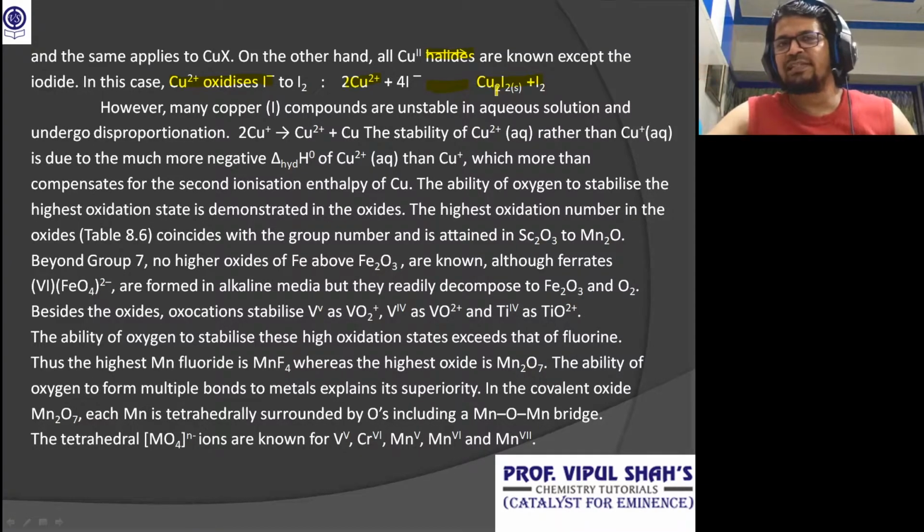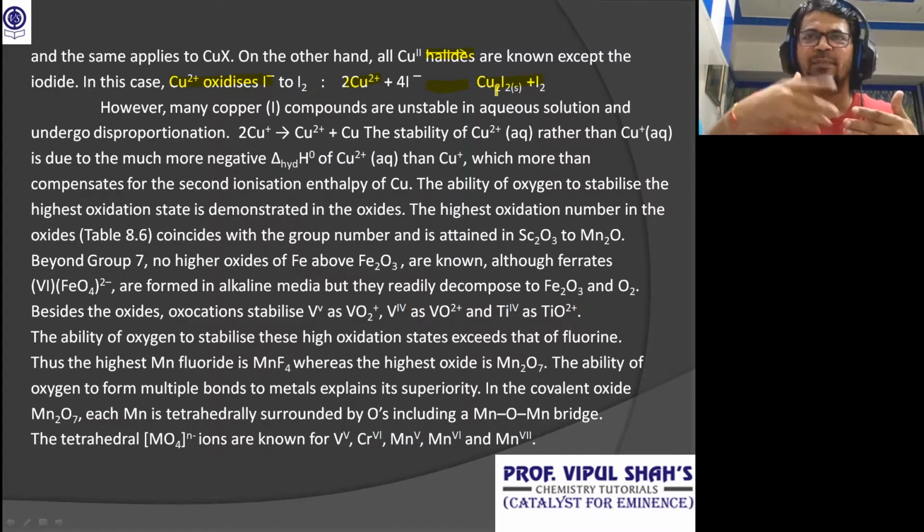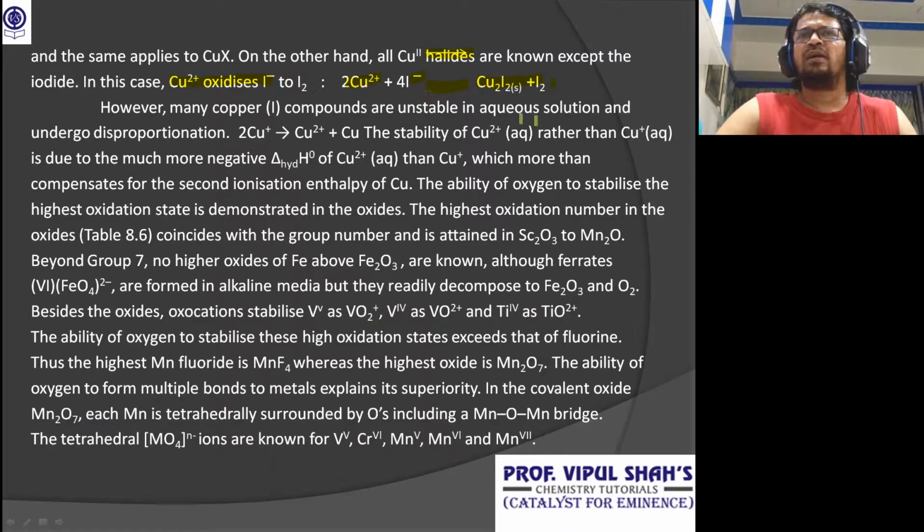It should be CuI, but it's Cu2I2 because cuprous ions cannot exist singly. Like we have spoken of mercurous chloride, Hg2Cl2, where the two mercurous ions combine to form a dimer, in the same way two cuprous ions combine to form a dimer. So cupric +2 becomes cuprous +1, and iodide, which is -1, becomes 0. And it says copper(I) compounds are unstable in aqueous solution because they undergo disproportionation. I hope everybody remembers this word.